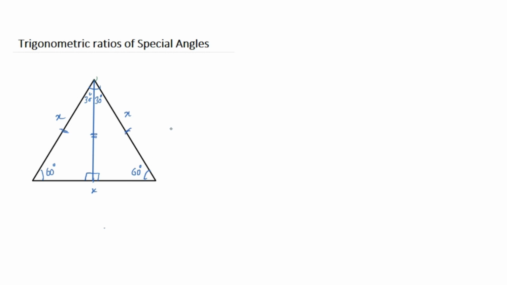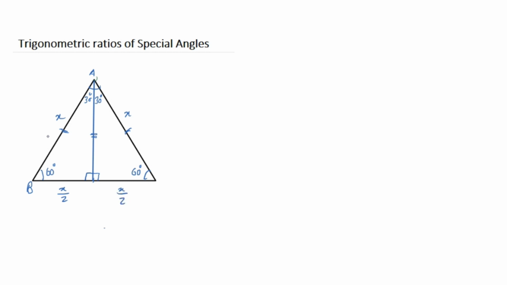Now, once we have proved that, let us look at only one of these triangles. So let me take the triangle on the left side and let me call that ABC. One more thing that I want to tell you is that if the base was originally x, and these two triangles are now congruent to each other, then the base of each congruent triangle will be x over 2.